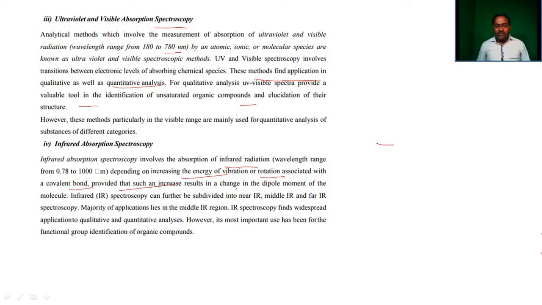IR spectroscopy can be further subdivided into near IR, middle IR and far IR spectroscopy. The majority of applications lie in the middle region. IR spectroscopy finds widespread applications in qualitative and quantitative analysis.